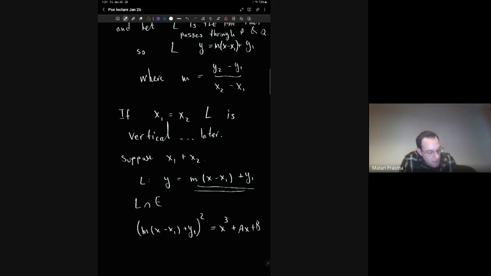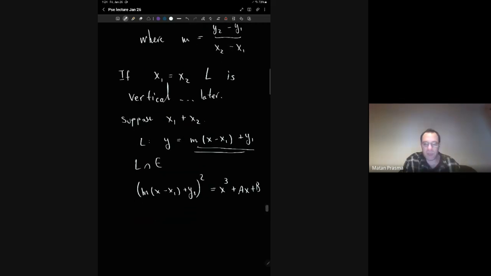So this can be rearranged as a cubic, right? This is equivalent, after some calculation, to the equation 0 equals x cubed, and now what's the coefficient of x squared? Sorry, it's a minus m squared. And there are other things, but I don't care about the other terms.